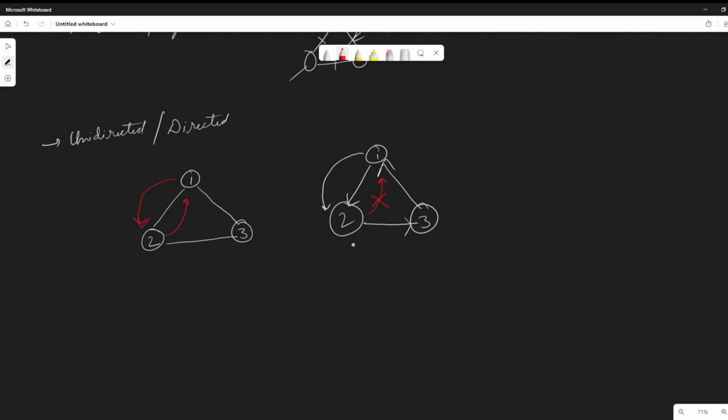Similarly, we can go from 2 to 3, but we can't go from 3 to 2. If the arrow is pointing towards a node, we can go to that node. If the arrow is reversed, we can go from 3 to 2, not 2 to 3. Okay, so it's simple. This is our directed graph.